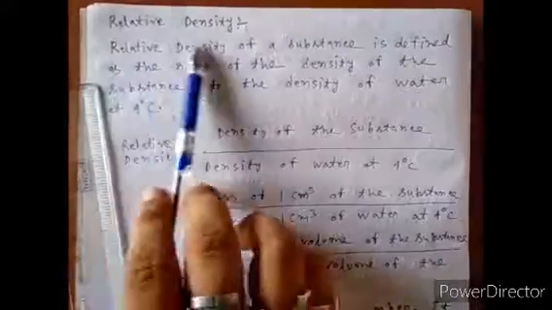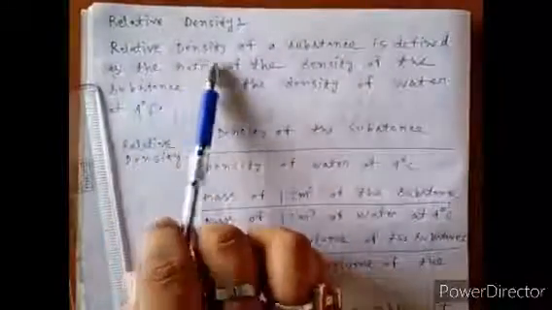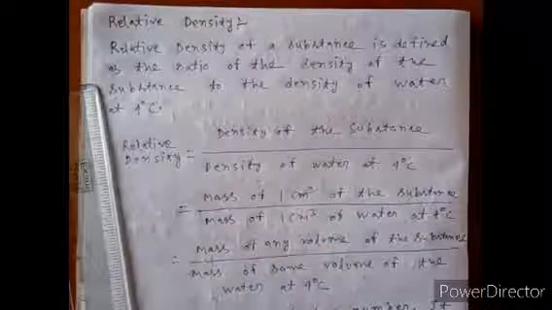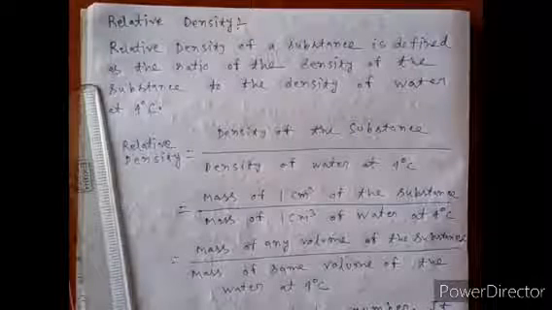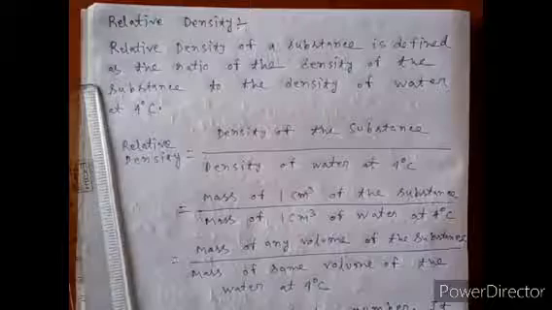Let us now read the concept of relative density. What is relative density? Relative density of a substance is defined as the ratio of the density of that substance to the density of water at 4 degrees centigrade. Why 4 degrees centigrade?